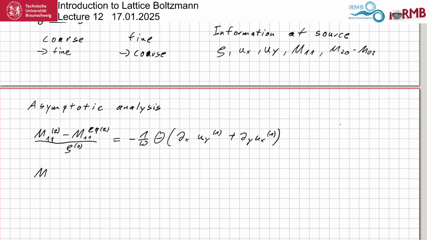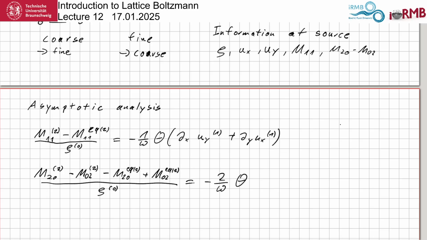Then we have the other one, that is M20 to second order minus M02 to second order, minus M20 equilibrium to second order plus M02 equilibrium to second order, divided by rho 0, which is equal to minus 2 over omega theta times dx ux to first order minus dy uy to first order. This is what asymptotic analysis told us.